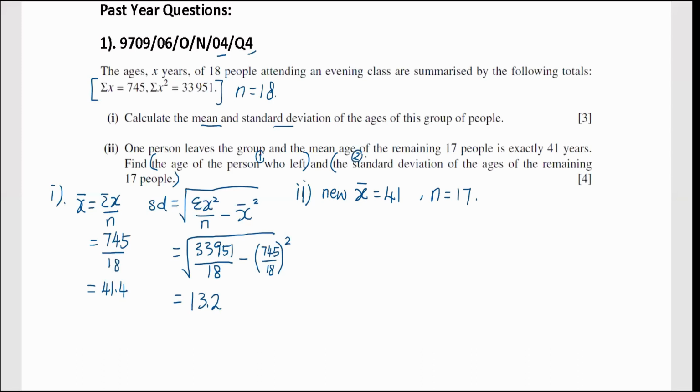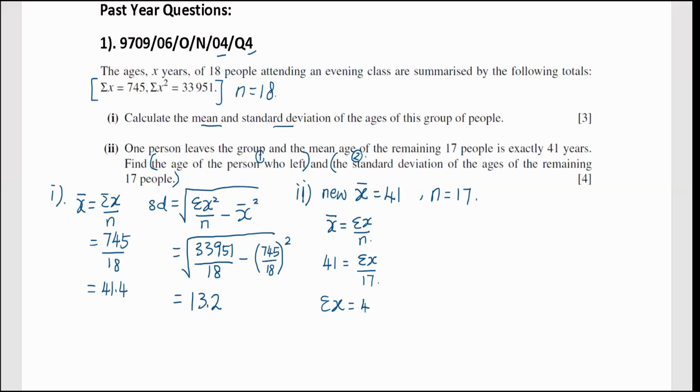In order to find the age of the person who left, what we need to do is to find this. We are using the mean formula here, and now we substitute in the new mean given in part 2, so that we will be able to determine the sigma x of the 17 people.